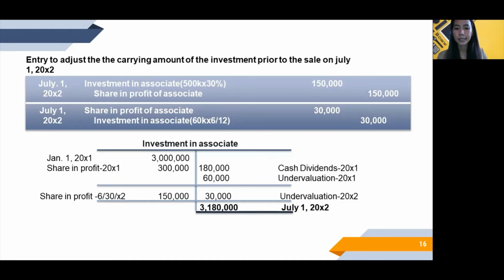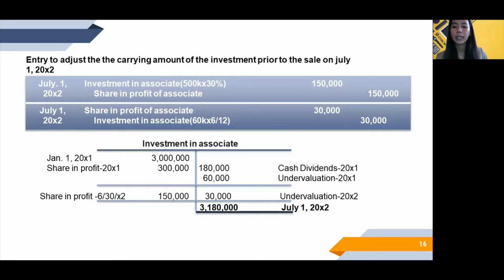Below is how we compute the carrying amount of the investment on the date of sale. Using a T account, we see on the debit side the 3 million we purchased on January 1, 20X1, then the share in profit of 20X1 of 300,000, and the share in profit of 20X2 of 150,000. On the credit side, there is the 180,000 cash dividends, the 60,000 share in undervaluation of the building in 20X1, and the 30,000 share in undervaluation in 20X2.